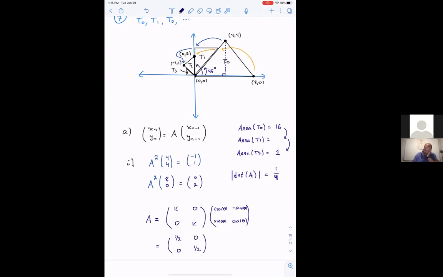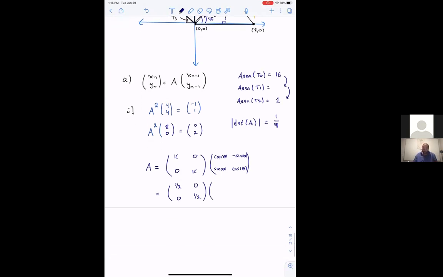But this, of course, is 90 degrees because it's straight up the y-axis, which means that the rotation angle is 45 degrees. And what is cosine of 45 degrees? Root 2 over 2. What's sine 45 degrees? Also root 2 over 2.